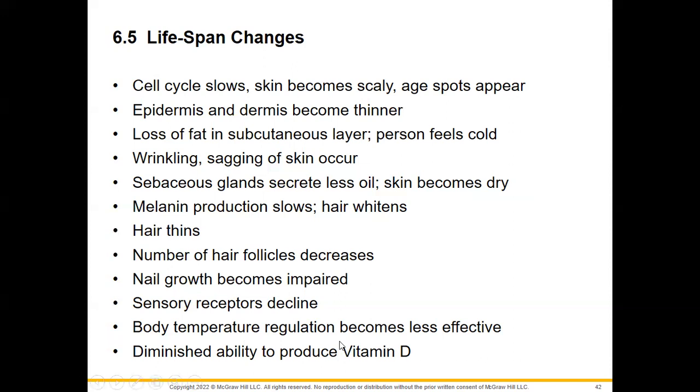Their body temperature regulation will also become less effective, so they're already not realizing how hot it is, but also now they can't regulate their body temperature as well, so that will also help them to possibly become hyperthermic when the temperatures become too high, or hypothermic when it becomes too low. And they have less of the ability to produce their own vitamin D, which can cause a whole host of other issues.